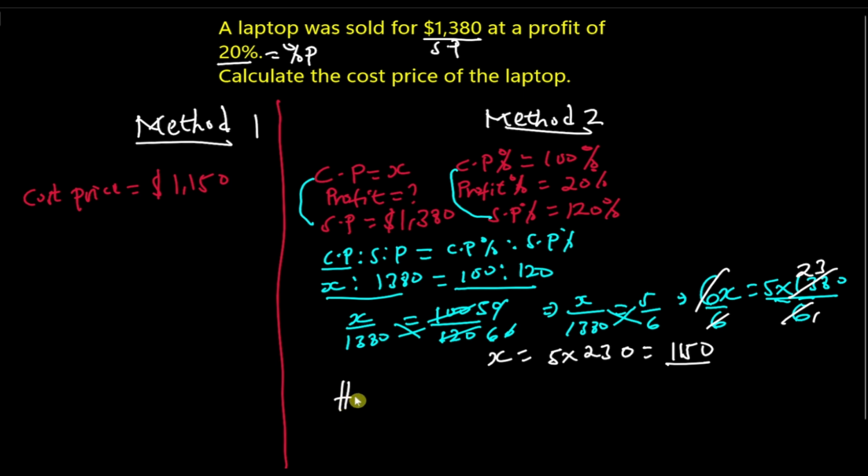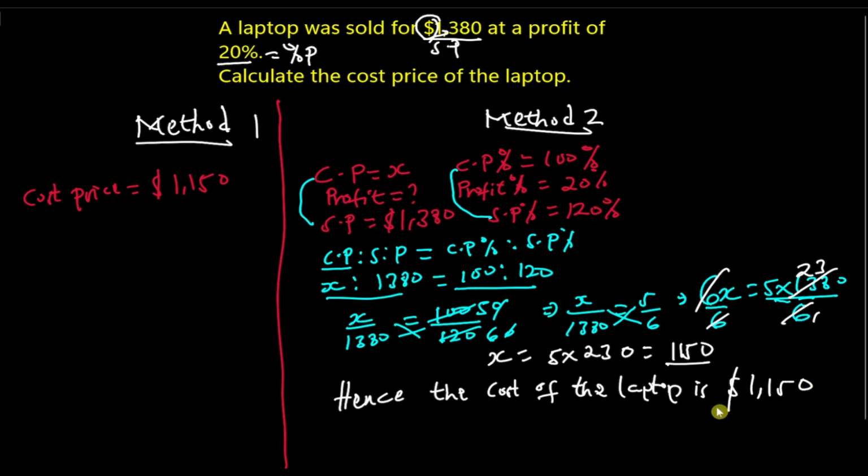So in our final answer, hence, the cost price of the laptop is, and in writing your final answer, don't forget to bring the currency, the dollar, $1,150. As you can see, when we use the formula we got the answer, and with the ratio approach we got the same one. So in a test, it depends on you which method you use.